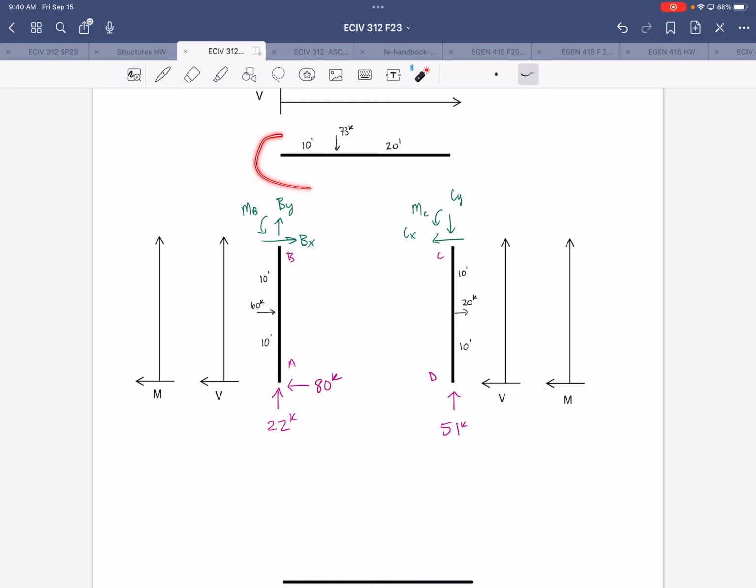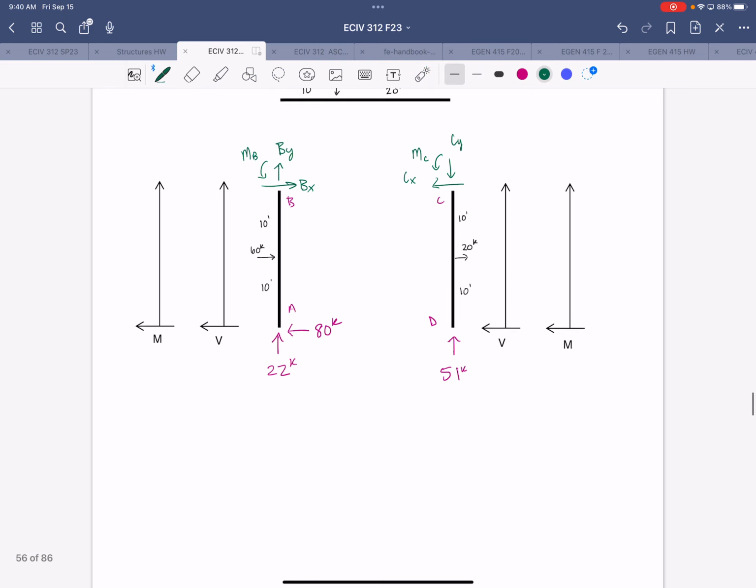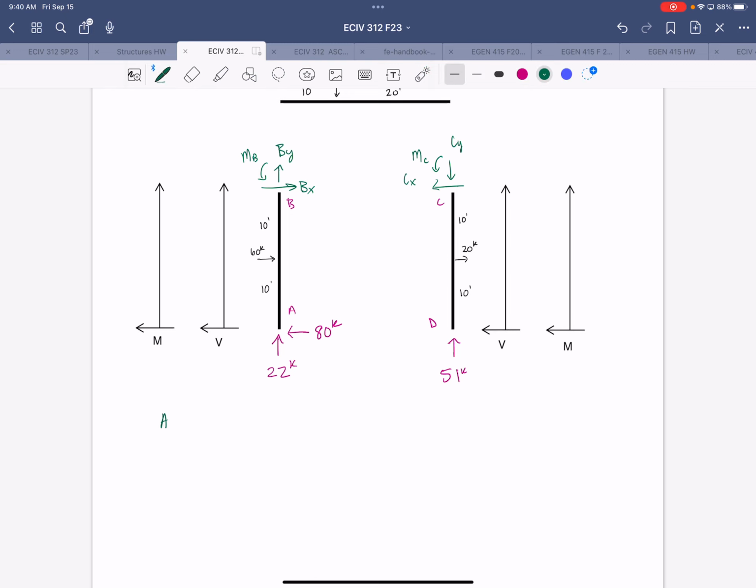And you could, if you wanted to, march through and find the forces at joint B, for example, and then transfer them here, and then solve for the forces at C, and then transfer them down here. But the approach that I'm going to take is to analyze the two columns, solve for the forces at B and C, and then just transfer them both to the beam. So we'll start with AB.